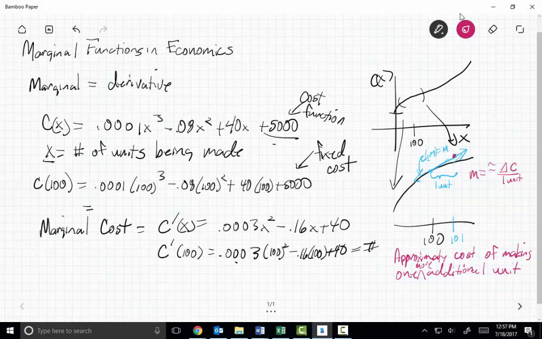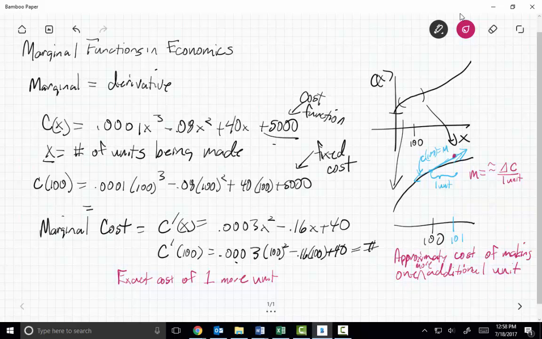If I wanted to know the exact cost of making 1 more unit, you probably can see how it would work, right? In other words, how much does the 101st unit cost? Well, that's pretty easy, isn't it?